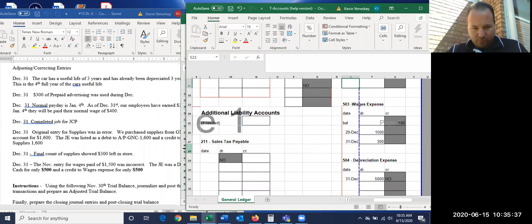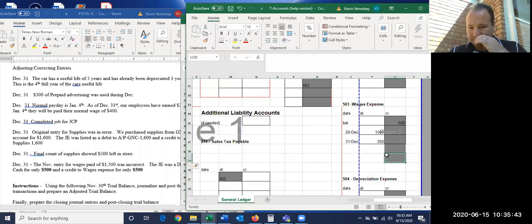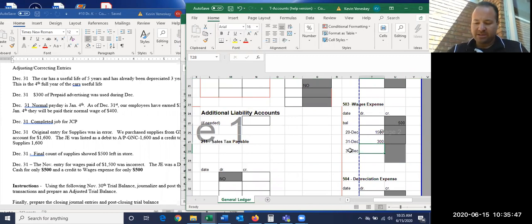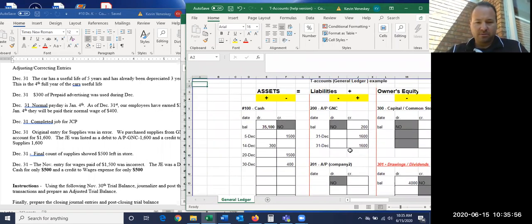I'm going to add a couple more lines. So on 12/31, we need to show that we had a reverse. Debit the wage expense, credit cash as our correcting entry.